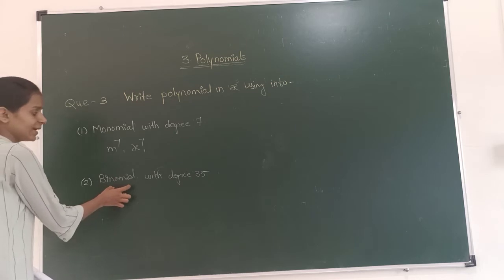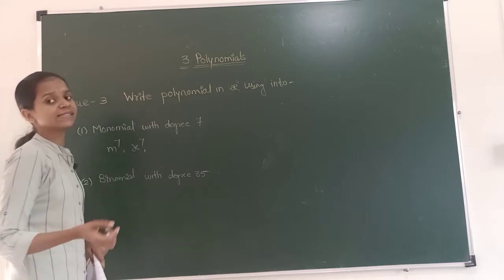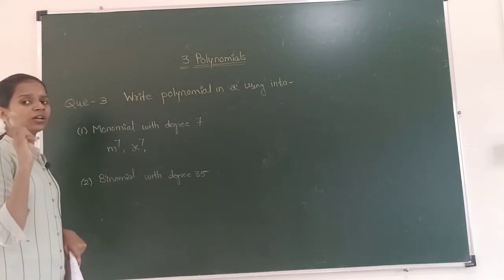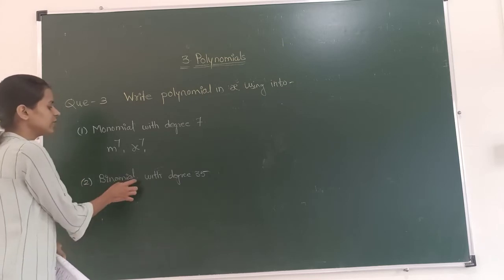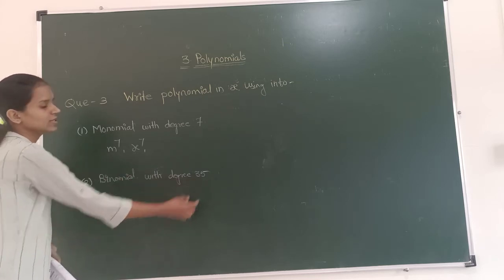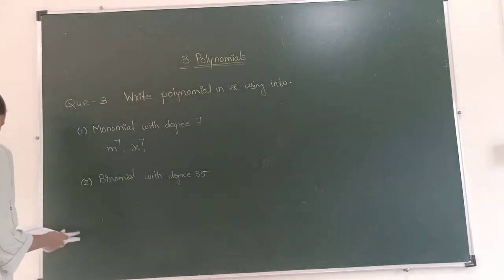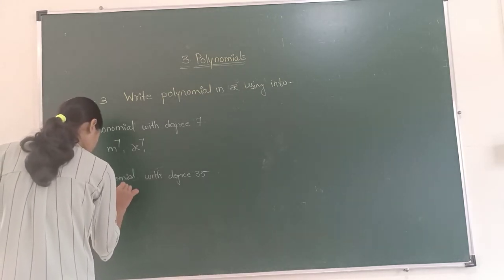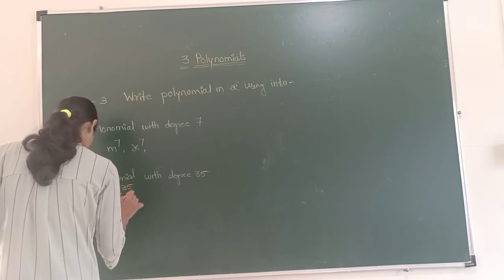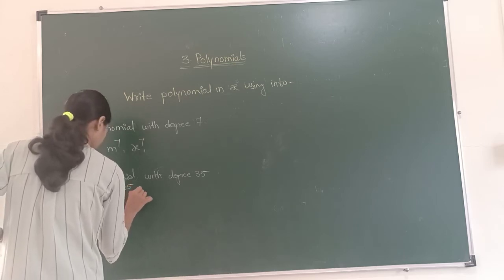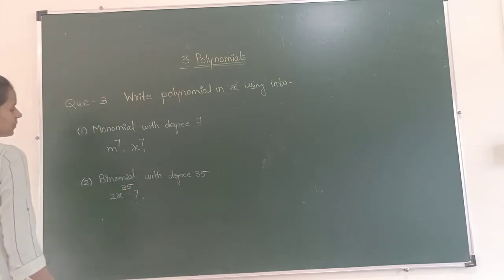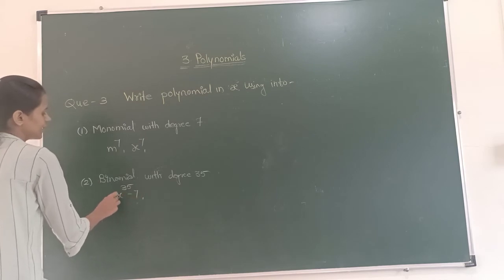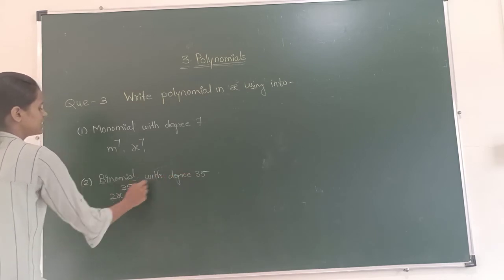Now what they said, binomial is having two terms in it, okay? They must be including two terms and degree is 35. So we can write for this 2x power 35 minus 7, okay? You can see two terms are there, that is binomial, and degree is 35.